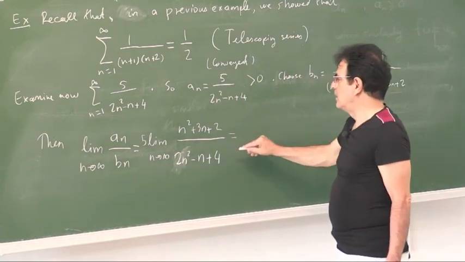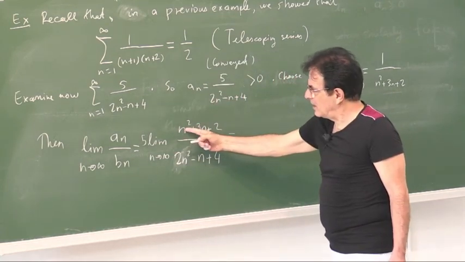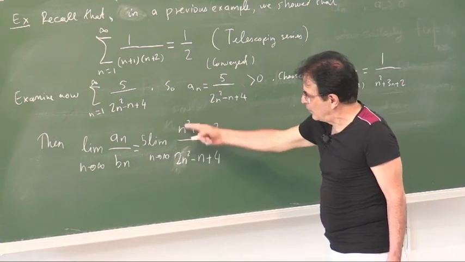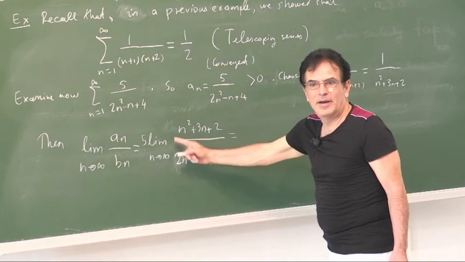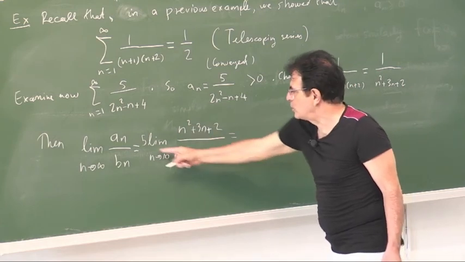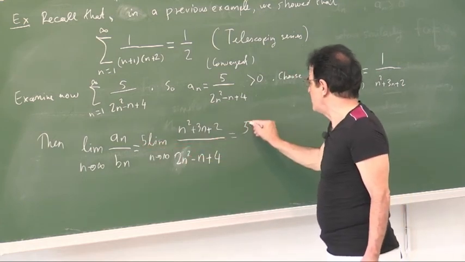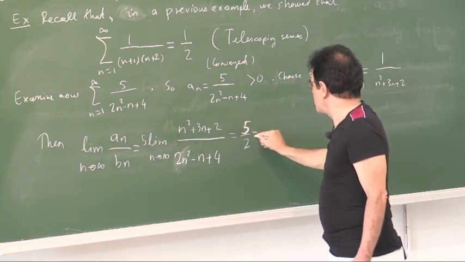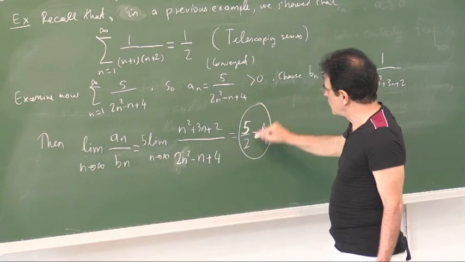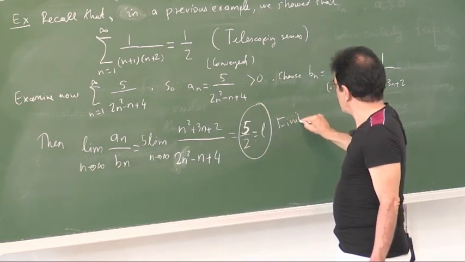Good. Clearly, we have two polynomials of degree 2, so we compare their dominant terms. We have 1 over 2 multiplied by 5. This limit is 5 halves. So this is L. As we expected, it is finite and positive.